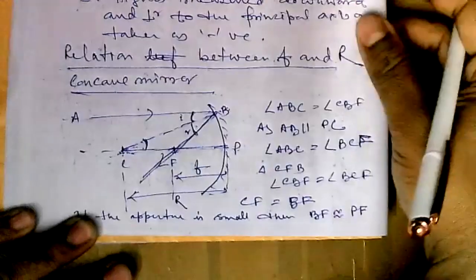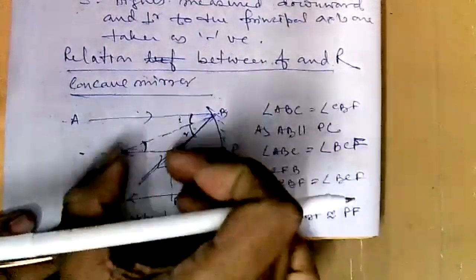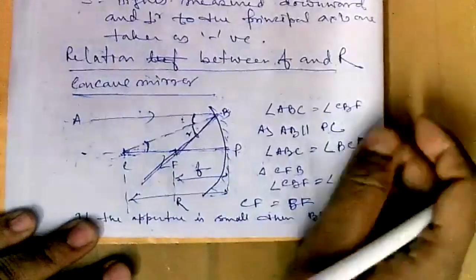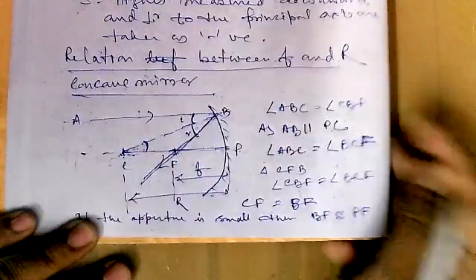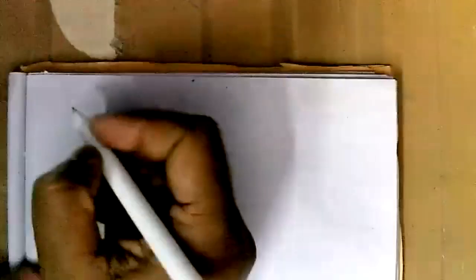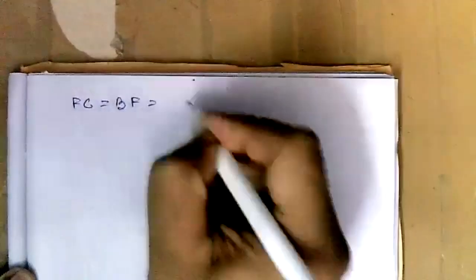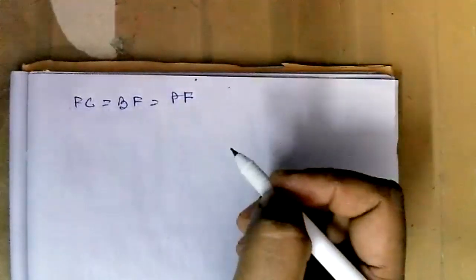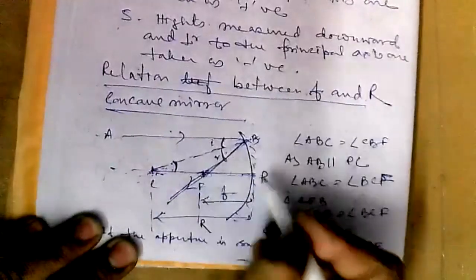So PC can be written as PF plus FC. So what we got: FC equals BF equals PF.